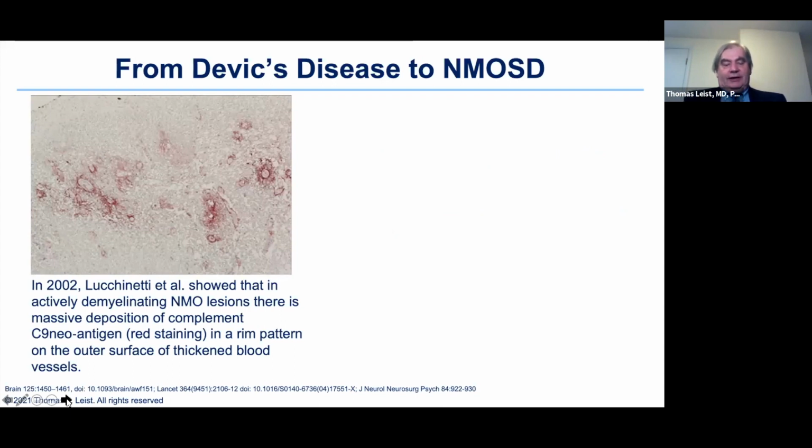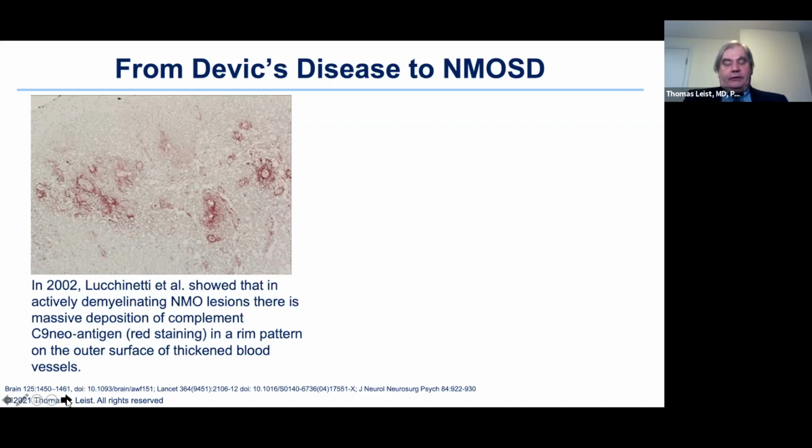And what they could see is that in the lesions of NMO, there were certain proteins deposited in the areas of tissue injury that could be observed. And so that was the first time that one saw that probably a certain kind of pathology was ongoing, namely that perhaps in neuromyelitis optica, an antibody-based pathology was very important.